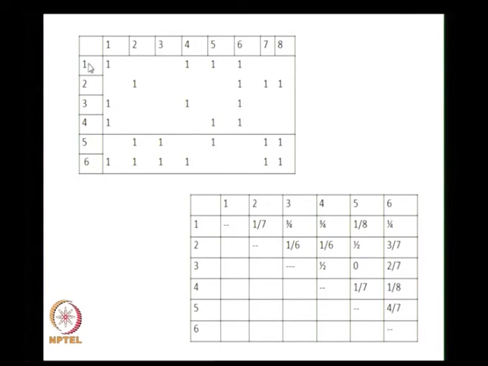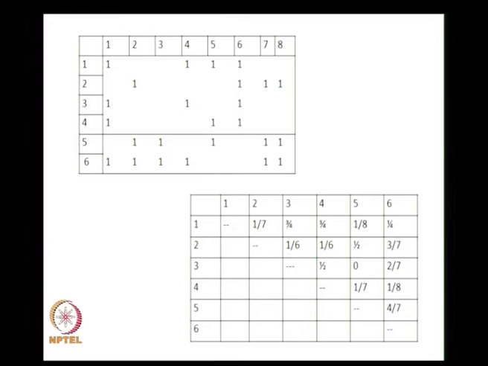So, let us look at rows 1 and 3. Now, there is a 1-1 pair here, there is a 1-1 pair here, there is a 1-1 pair here. So, there are 3 components that use these 2 machines, and then we also observe that there is a 1-0 pair. So, the numerator is 3, the denominator is 4, and the similarity is 3 by 4.